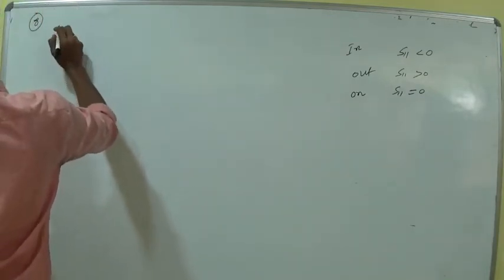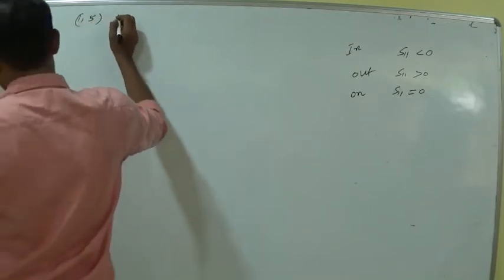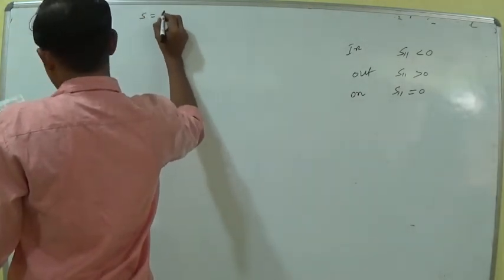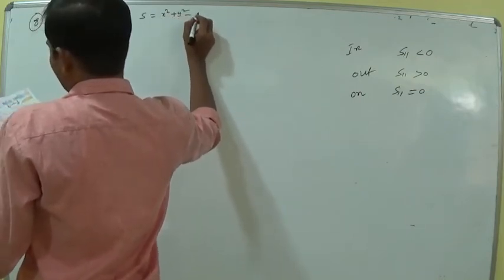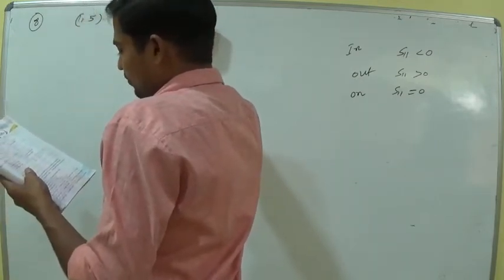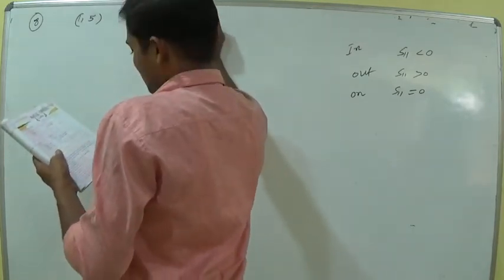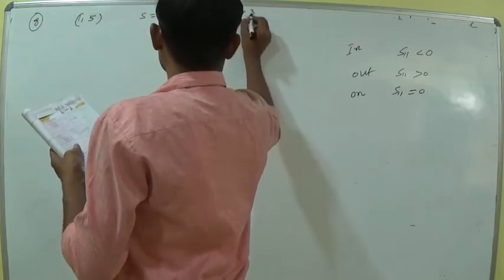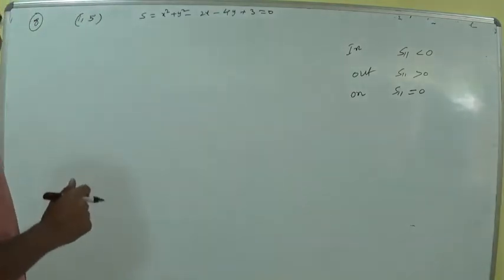Position. The point is given here, (1, 5), with respect to the circle S equal to x square plus y square minus 2x minus 4y plus 3 equal to 0. Here you have to find S11.